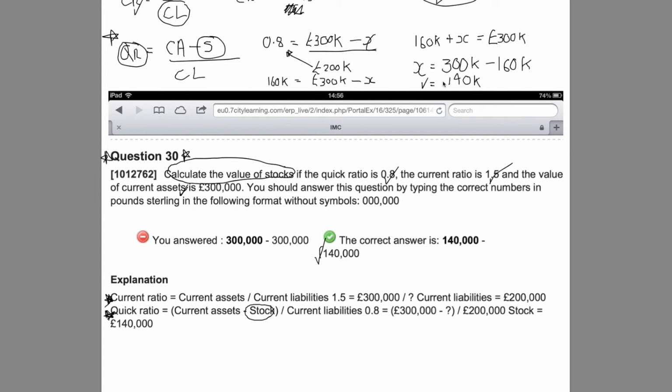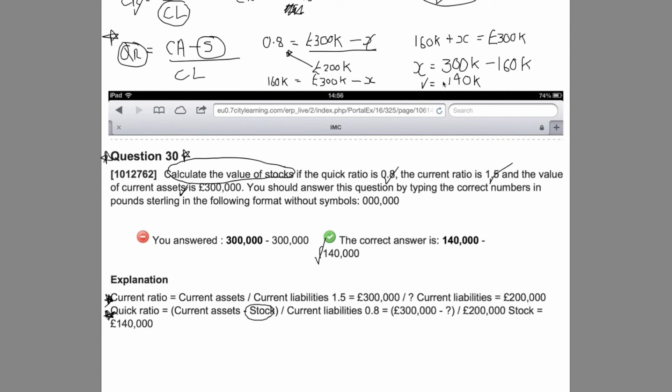So what I would want you to do now is consider what's the difference between the current ratio and the quick ratio, and what's more important. I would say the quick ratio is going to give you access to cash instantly, because if you have a look at the current ratio, it starts looking at actually the total assets of the company, and so if you need cash quickly, you're going to have to sell some of your stock.